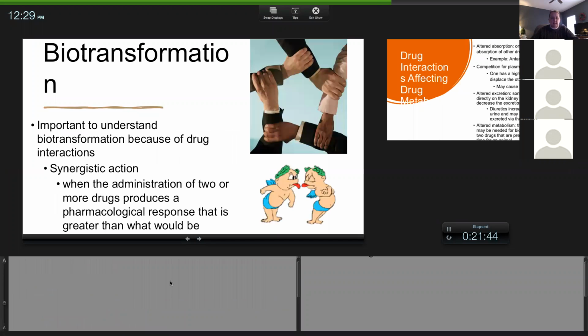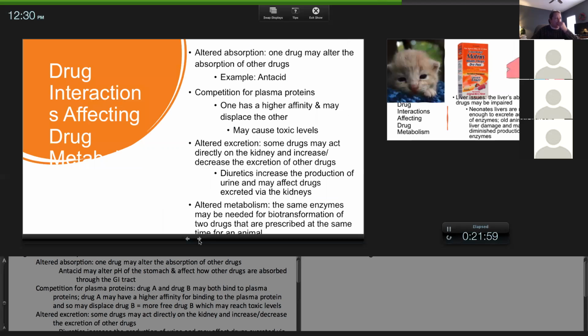Now, drug interactions are something to consider. Sometimes when you give drugs, and we talk about synergism, when two drugs can work together, we do worry about interaction. For example, altered absorption: one drug can alter the absorption of other drugs.